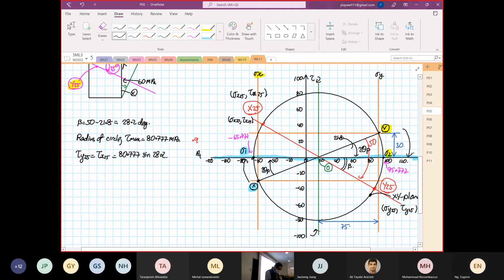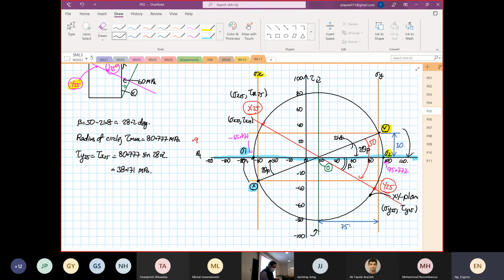So this will be equal to 38.17 megapascal. Okay.